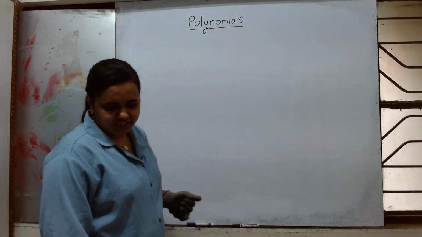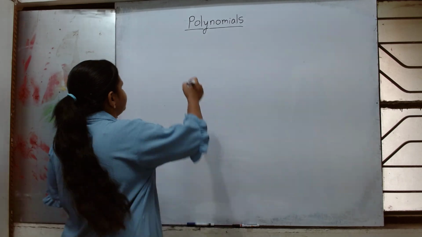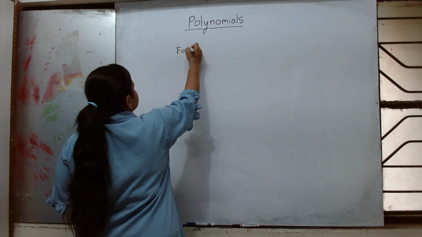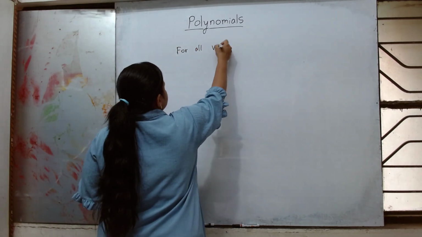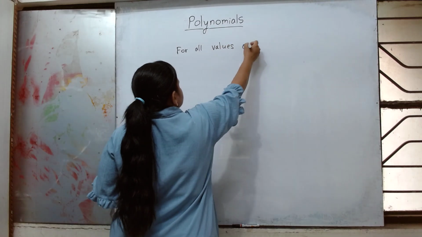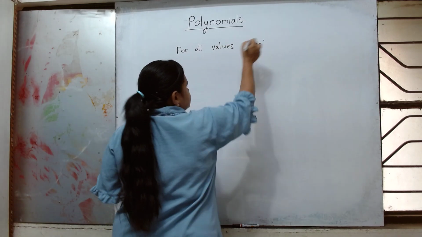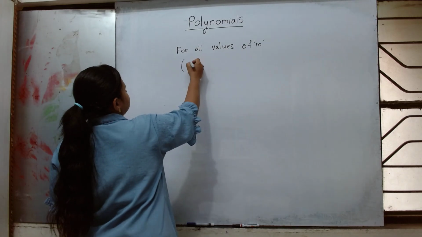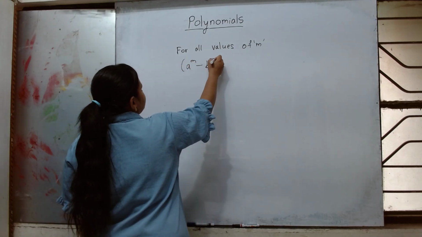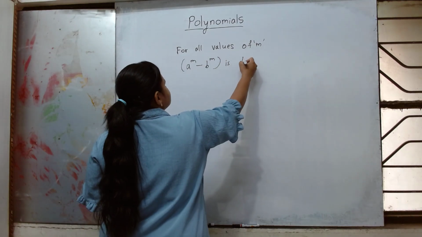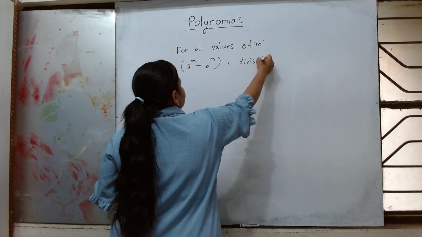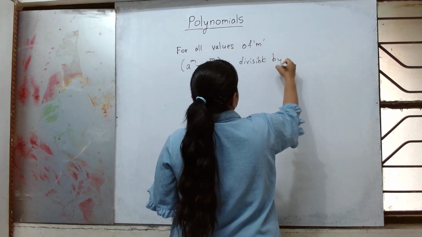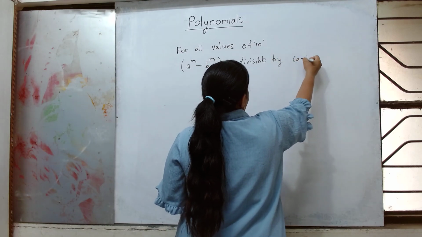Now the second statement. For all values of m, a to the power m minus b to the power m is divisible by a minus b.